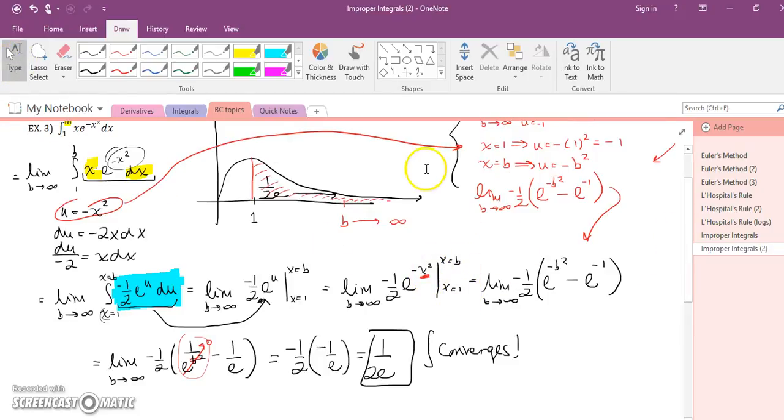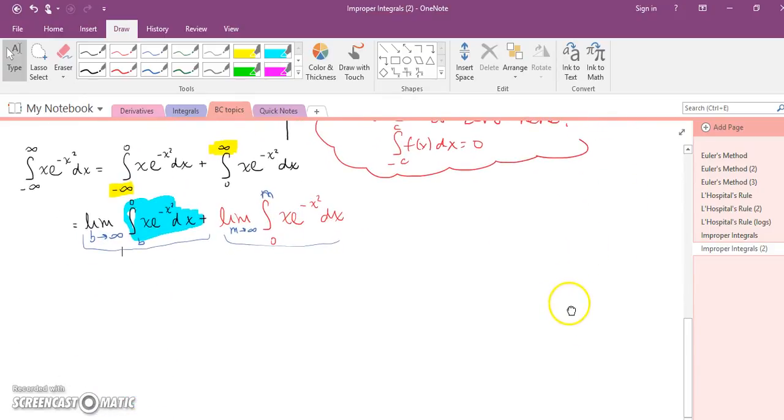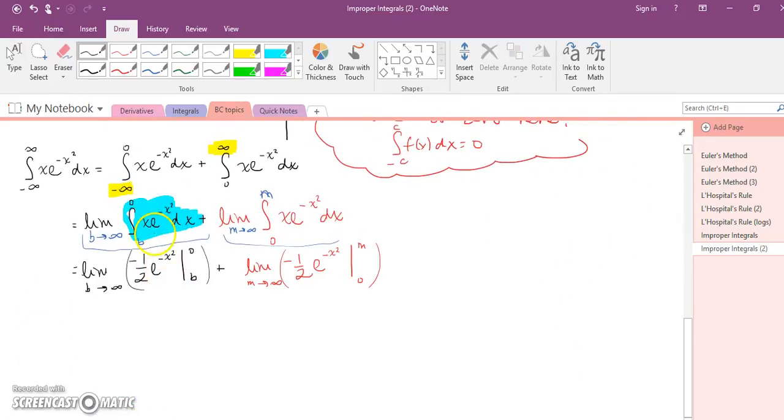So let's take that and bring that right down here so we don't have to do u-sub again. What I've done here is the first half of the first fundamental theorem of calculus. I've done the antiderivative, which we already did before. I really just transferred it down here, negative 1/2 e to the negative x squared. The integral and the dx are gone for both because as soon as I do the antiderivative, they disappear. I'm going from b to 0 here and from 0 to m here.